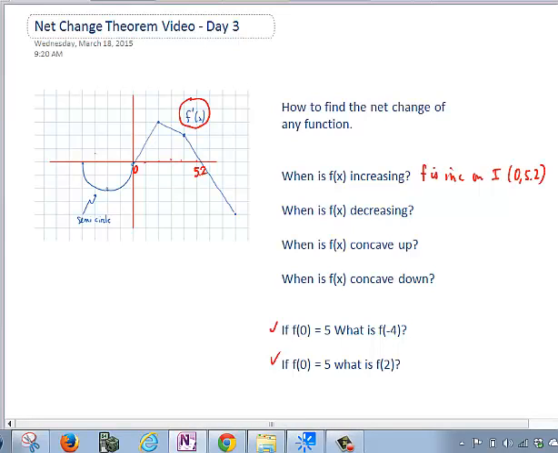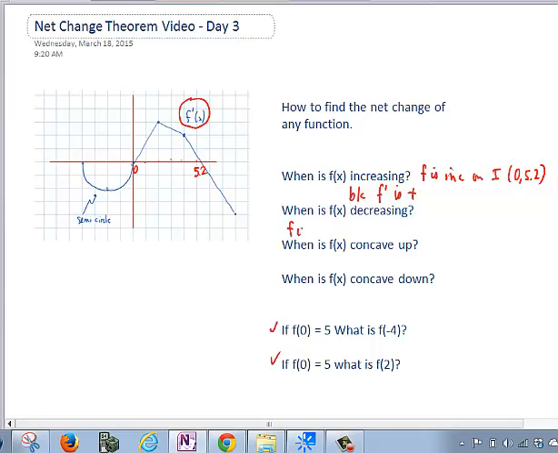When is it decreasing? Oh wait, you always want to justify your answer because f prime is positive. This curve is above the x-axis. It's positive in that domain. So next thing you want to do is talk about decreasing.